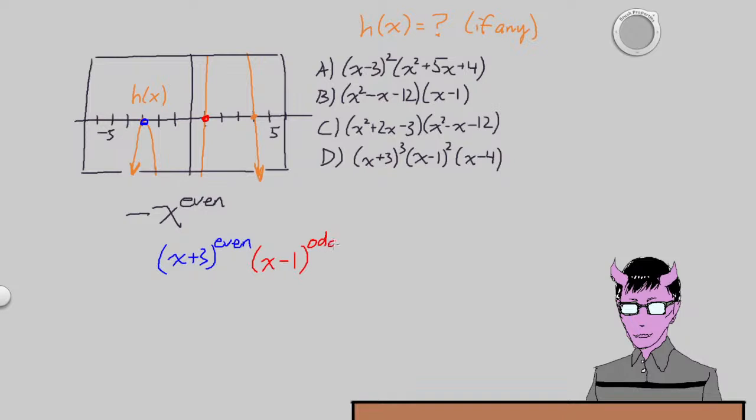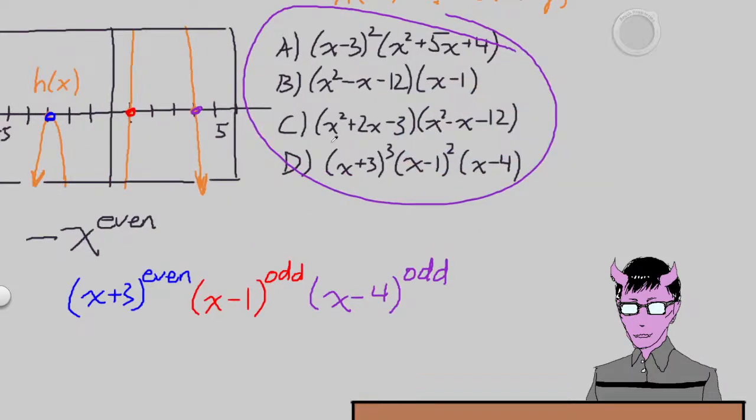With, again, odd multiplicity. And then that one right there is a strike through, so therefore it's odd multiplicity, x minus 4 as a factor. Odd multiplicity. So we're going to have something like this reconciled with this, and we're going to check each of those four.